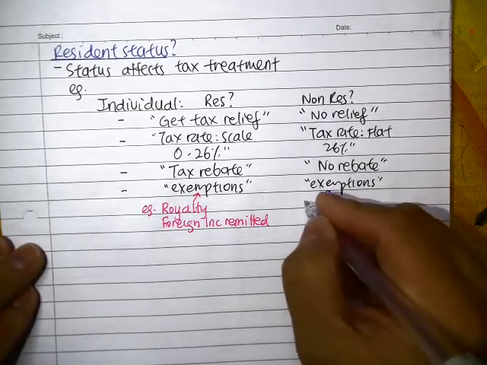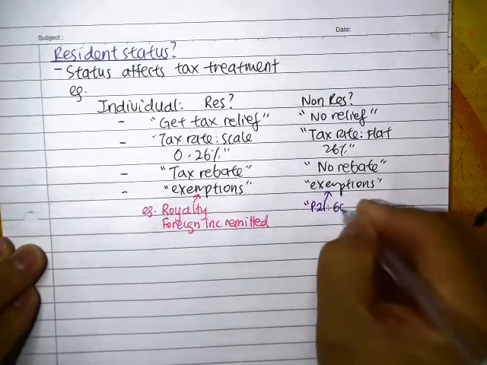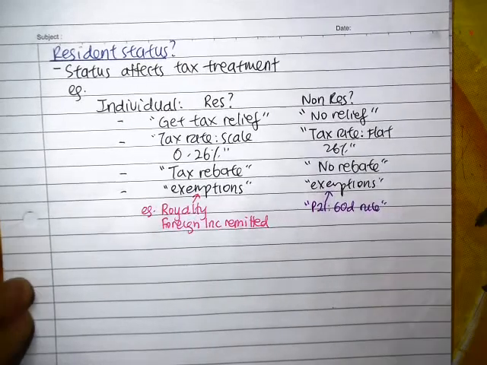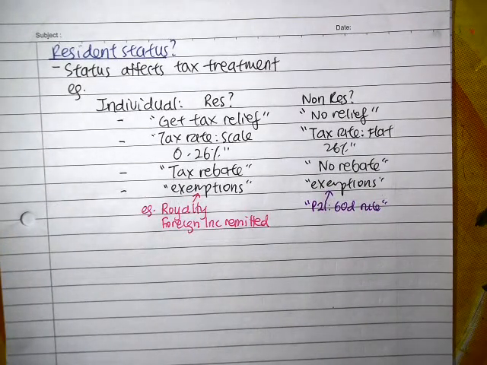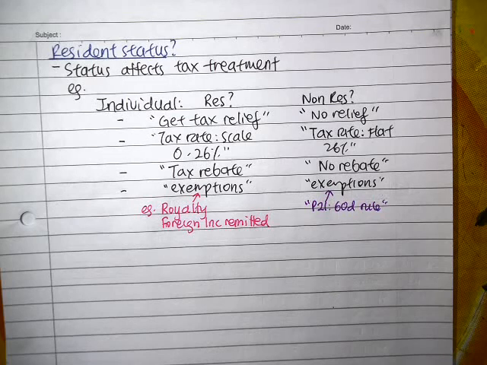We have this para 21, 60 days rule, which is for employment. All that we will see as and when we go through, I'll revise again. So that's an example to show you that resident status has a lot of impact on your tax treatment. That's why it's very important you determine whether a person is resident or not resident.